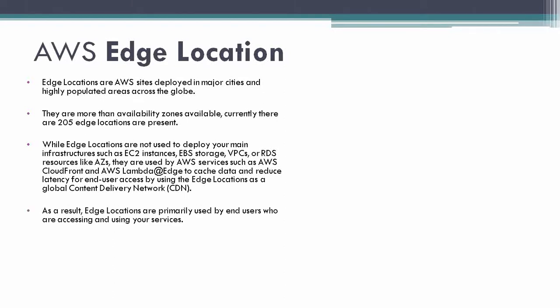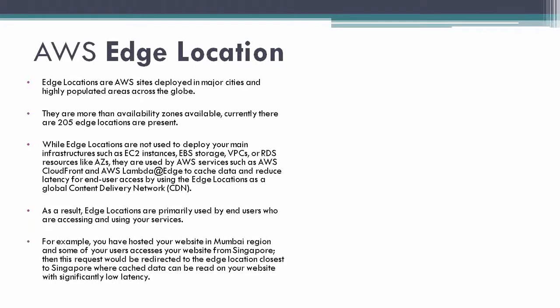As a result, edge locations are primarily used by end users who are accessing and using your services. So your end users are going to use edge locations for accessing your services.